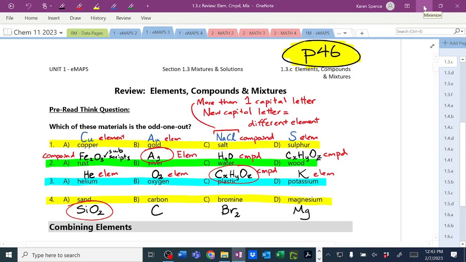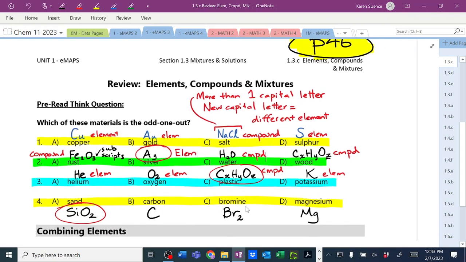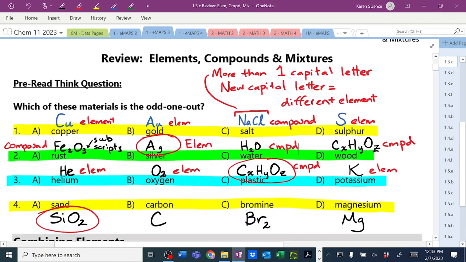So when last we left off, we were looking at the compounds or the elements that were the odd one out, and we discovered that sand was SiO2.